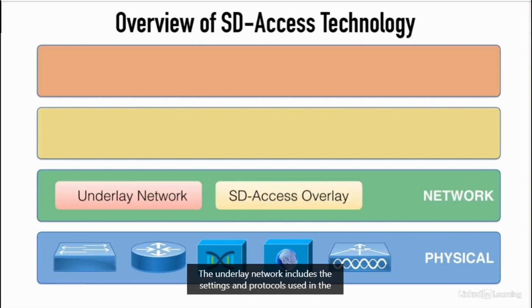The underlay network includes the settings and protocols used in the physical infrastructure for transporting data packets, while the overlay network is a virtual network that forms a fabric of its own. As we saw earlier in our example topology, this overlay strips out some of the limitations and complexities of the network and makes a more simplified fabric. The tunneling is performed using VXLAN encapsulation to build that fabric.